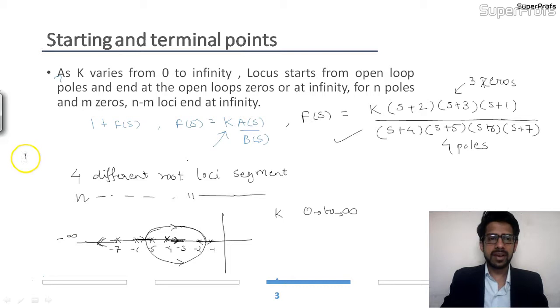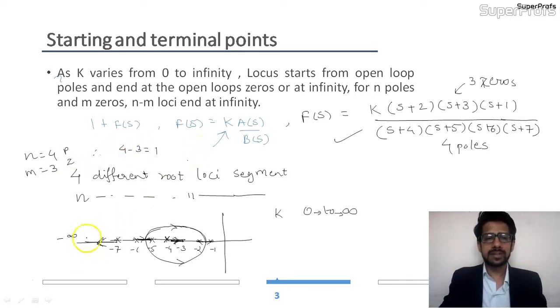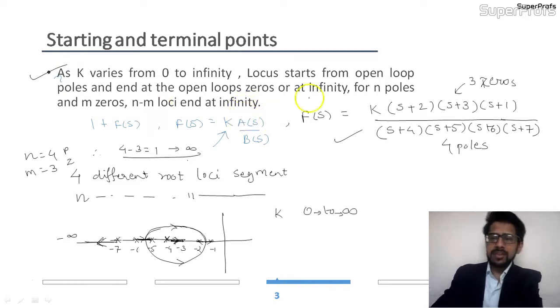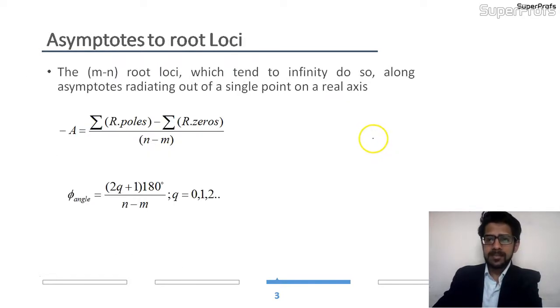We have n equal to 4 poles here, m equal to 3 zeros, and that is why we have 4 minus 3 equal to 1 root loci segment going towards infinity. That's what this statement says. We'll use the same example for the different rules and go forward to see the next rule.